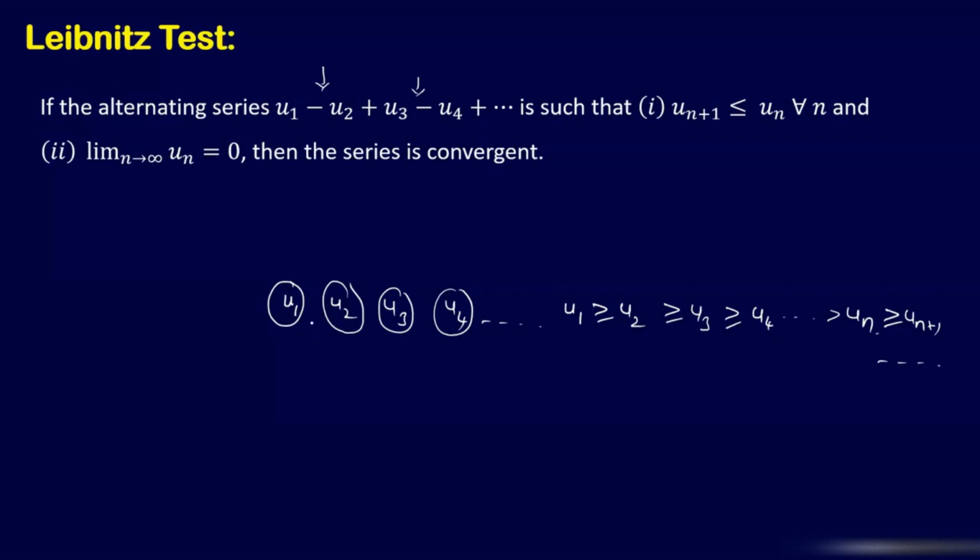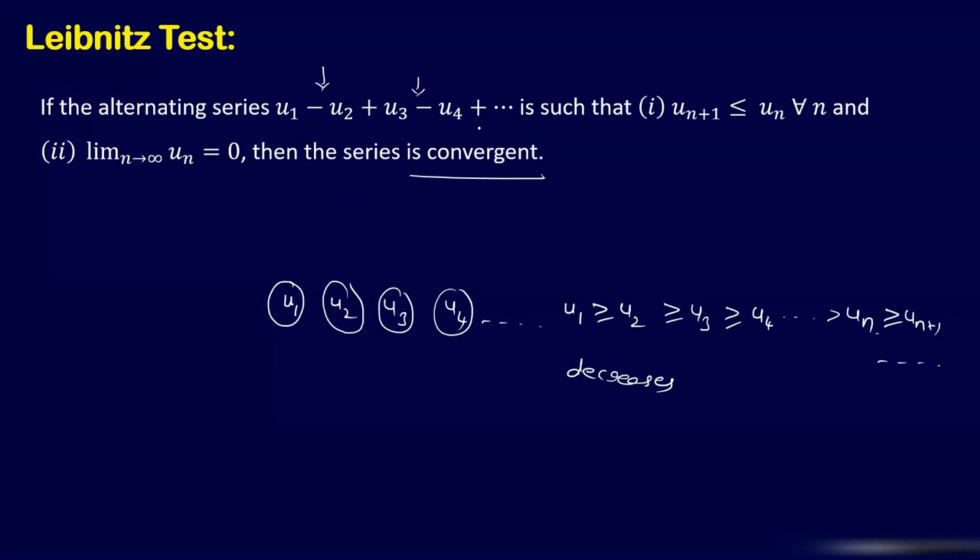When you consider only these terms by ignoring the signs, if you found this sequence of terms is decreasing, and if the nth term also converges to 0, limit n tends to infinity of un equals 0, then we say the given series is convergent, right?